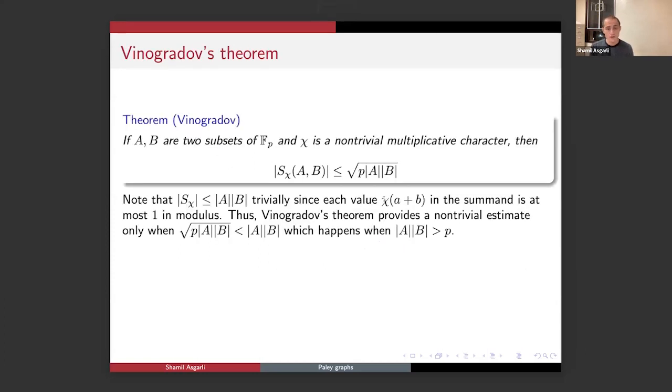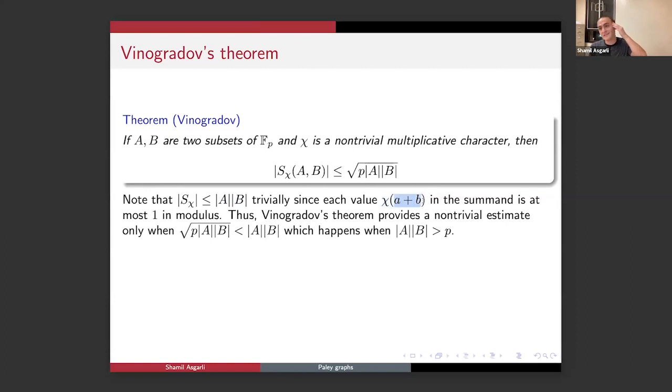But it's a basic fact about characters that each value chi(a plus b), which in general is a complex number, has modulus at most 1. So when we add up the values in that sum, we know that the value of chi of a plus b is exactly 1.